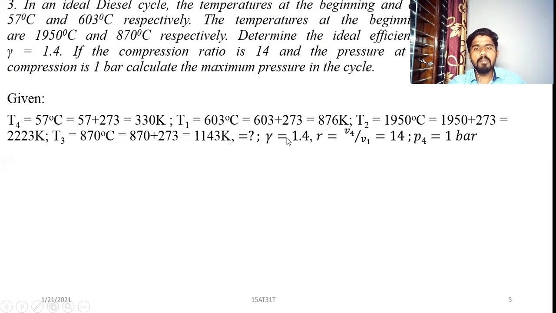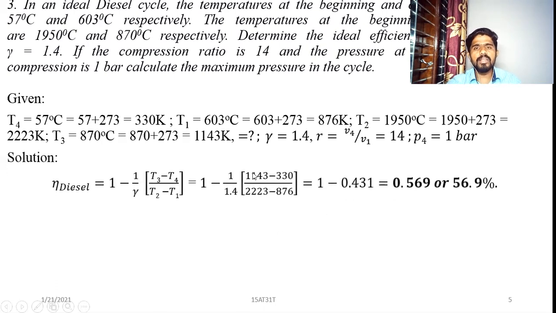Okay, so gamma is equal to 1.4, R is equal to V4 by V1, that is equal to 14, P4 is equal to 1 bar, and you should calculate the maximum pressure. And in the solution you must determine the ideal efficiency also. What is the ideal efficiency first?